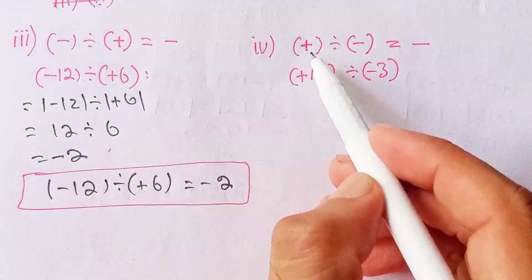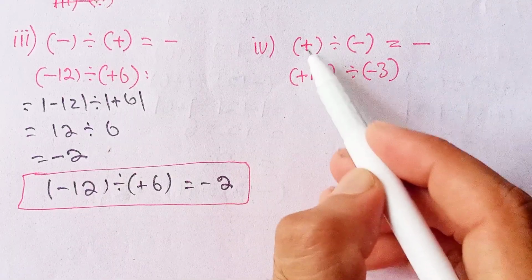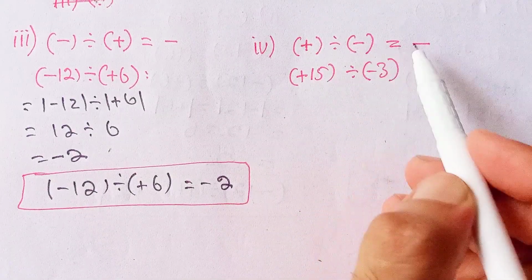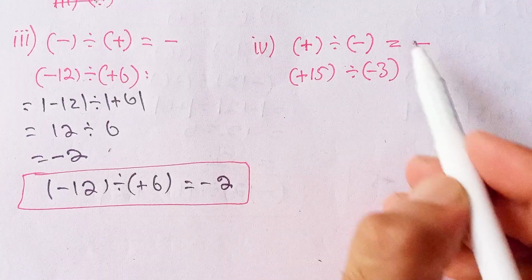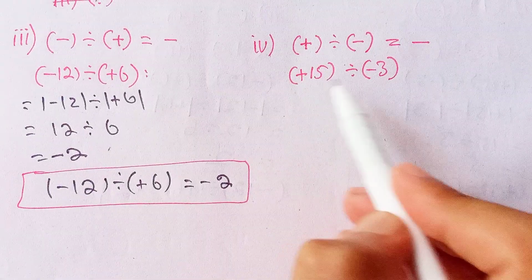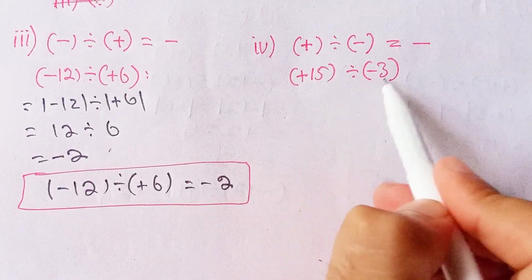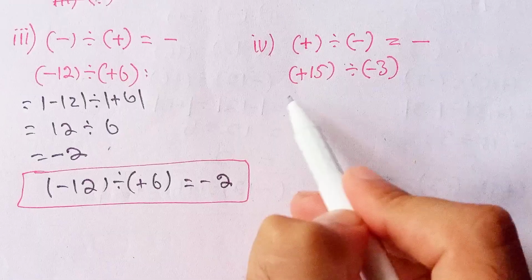Now we are going to divide a positive integer by a negative integer. Whenever we are dividing a positive integer by a negative integer, the quotient will be a negative integer. For example, positive 15 divided by negative 3. To divide positive 15 by negative 3, we will divide the absolute value of positive 15 by the absolute value of negative 3.